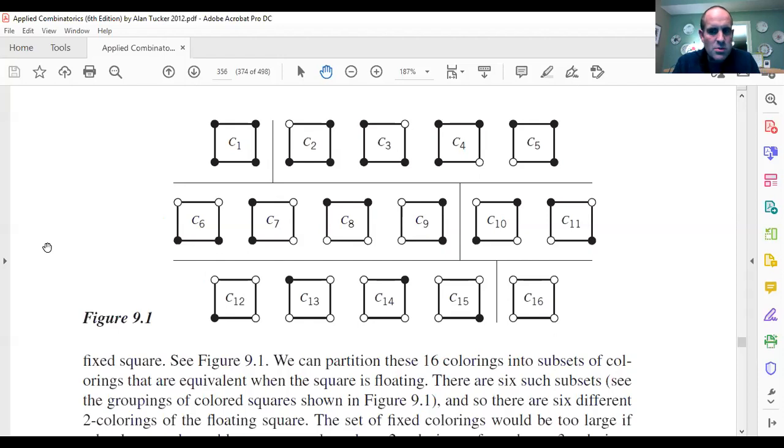The equivalence had to do with various ways of moving these shapes around in 3-dimensional space, either flipping them over, i.e. reflections, or rotating them around. Those are rotations. And we said that there are exactly 8 of those rotations and reflections.